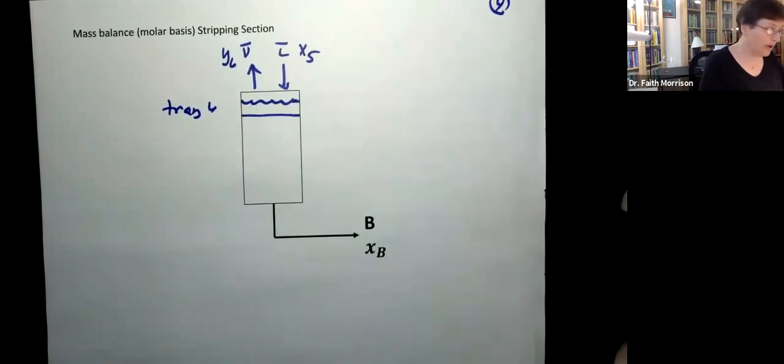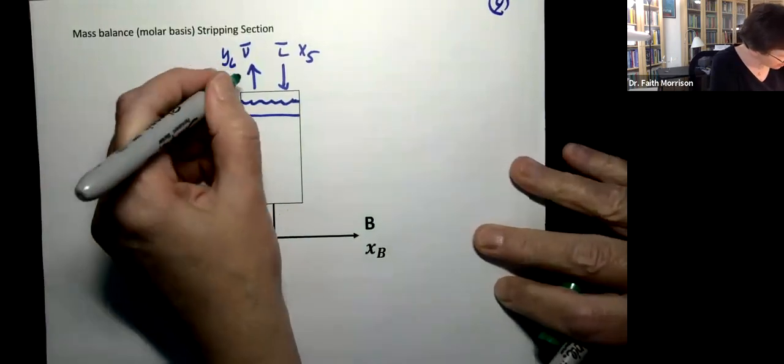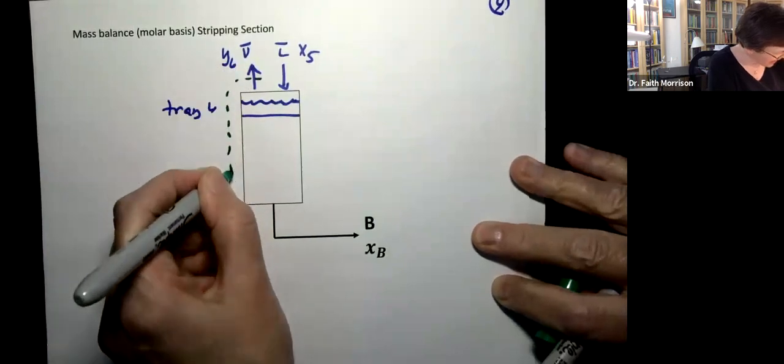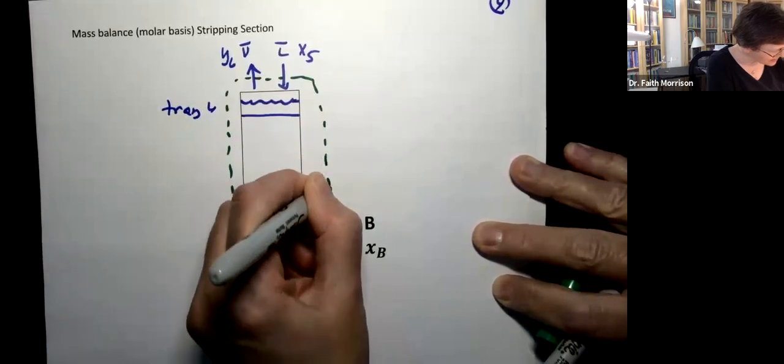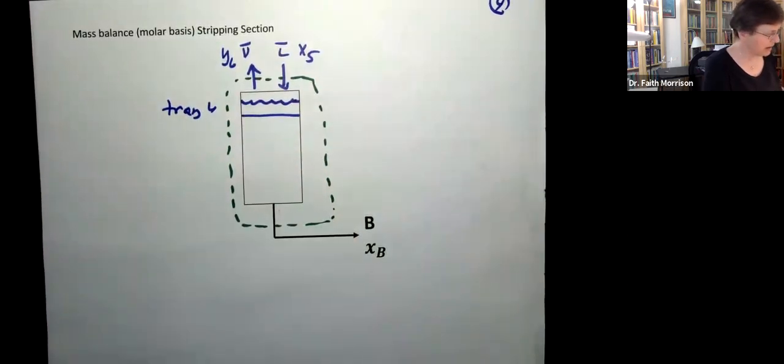So now we're just going to carry out the balance that we want to do. We'll draw ourselves a little envelope. We don't have to worry about that total condenser business because we just have this stream at the bottom. So we do the balance.